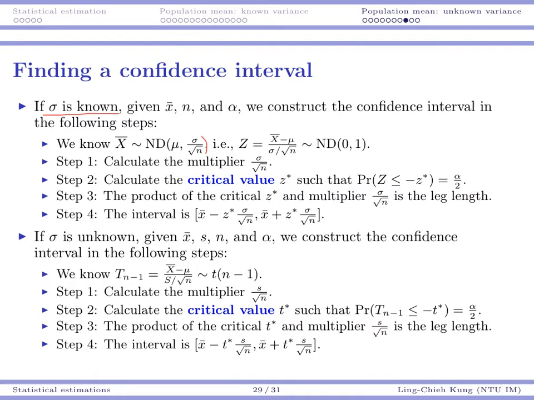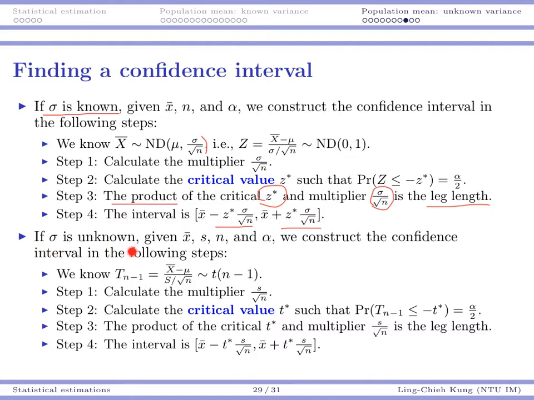Okay, and then once you find your lag length, everything is done. Your lag length should be used here and here, and it's just the product of the critical value z star and the multiplier standard error, which is sigma over square root of n.